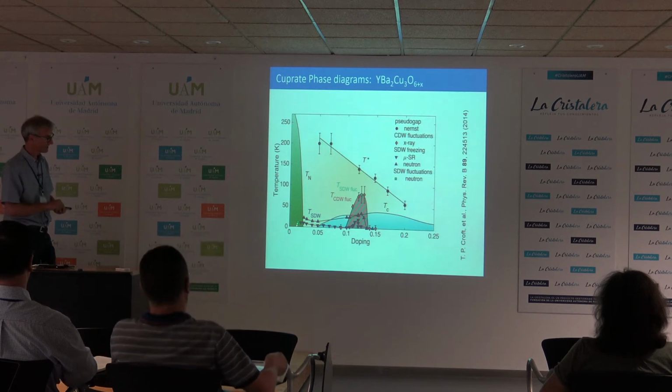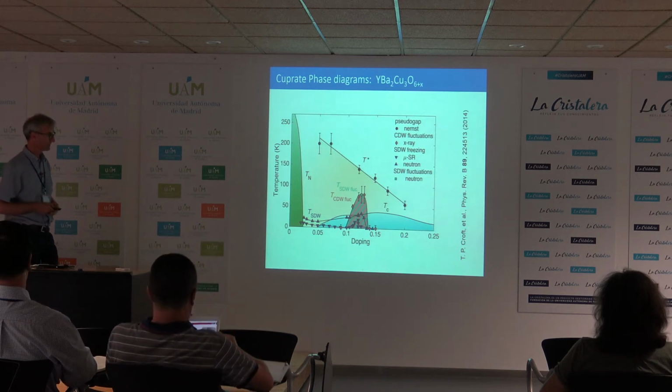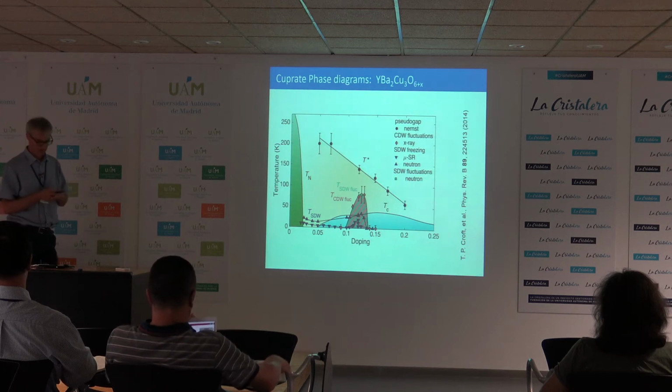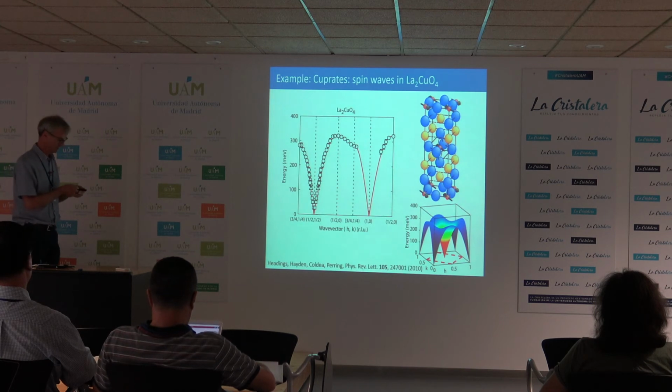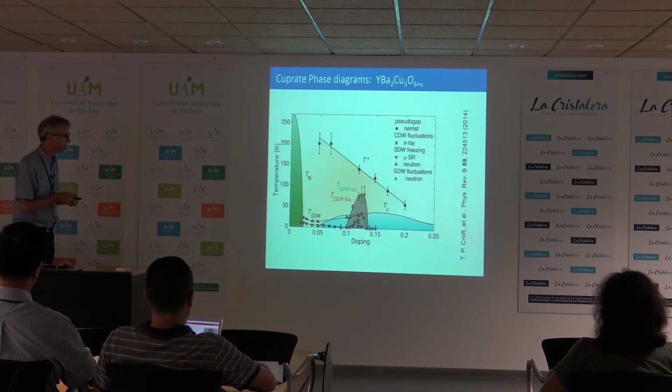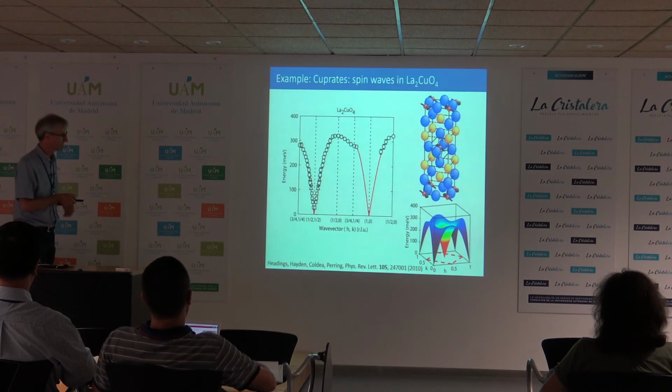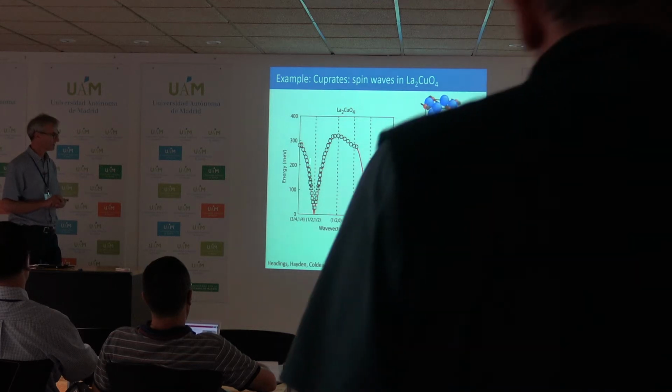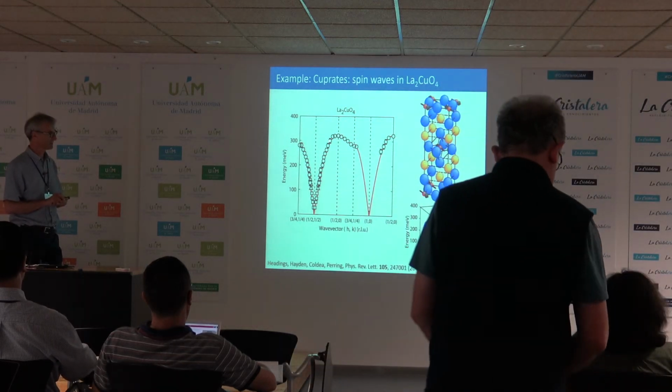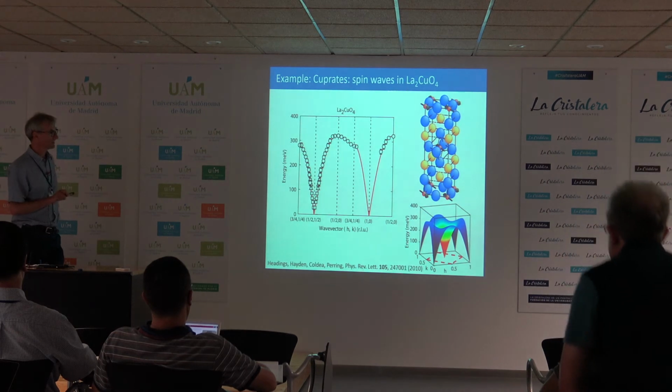So let's start with the antiferromagnet. There's a few materials where the excitations throughout the Brillouin zone have been measured for the parent compounds.